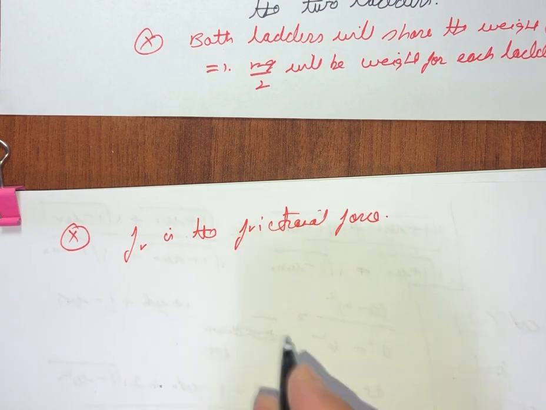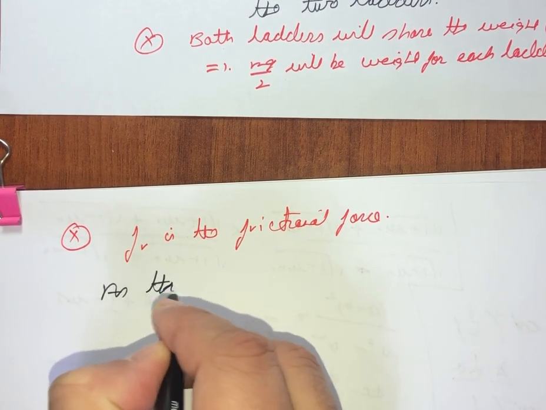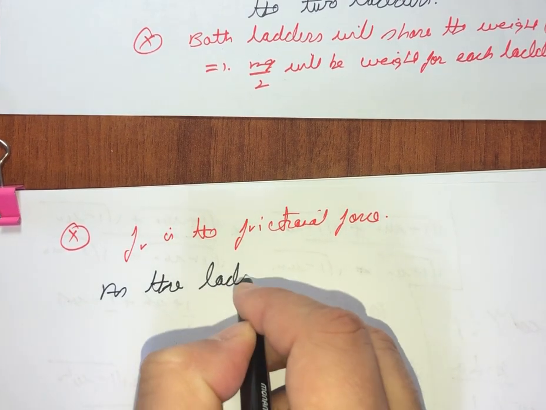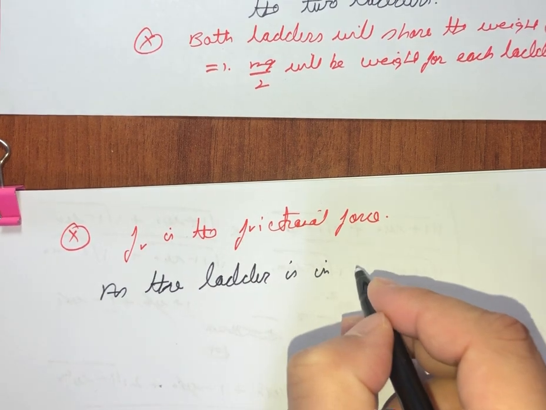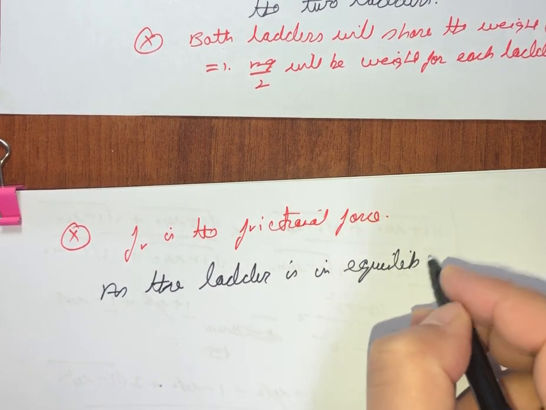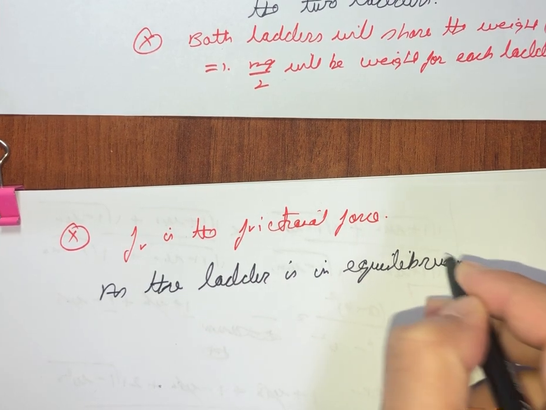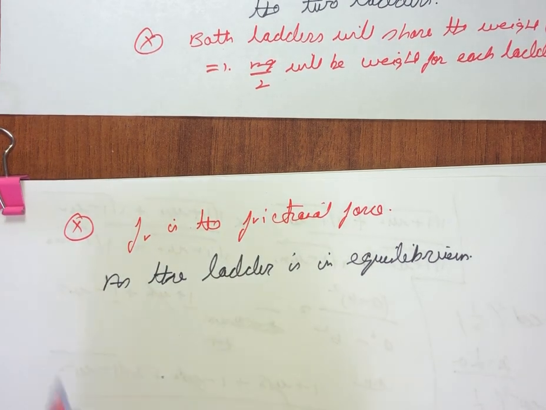As the ladder is in equilibrium, the net torque as well as the net force will equal 0.